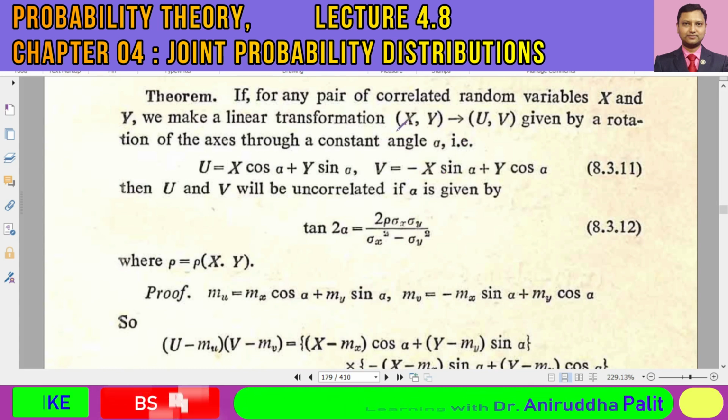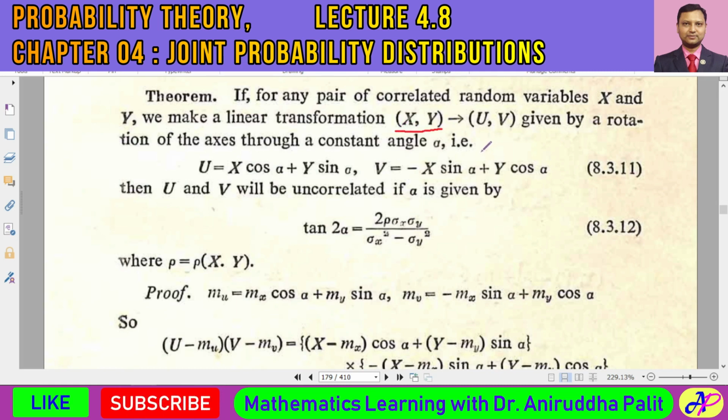If we have a joint random variable x and y, and we are transforming it to another pair of random variables u comma v by this transformation: u is equal to x cos alpha plus y sin alpha, and v is equal to minus x sin alpha plus y cos alpha. This refers to the rotation of the coordinate axes by an angle alpha in the anti-clockwise direction.